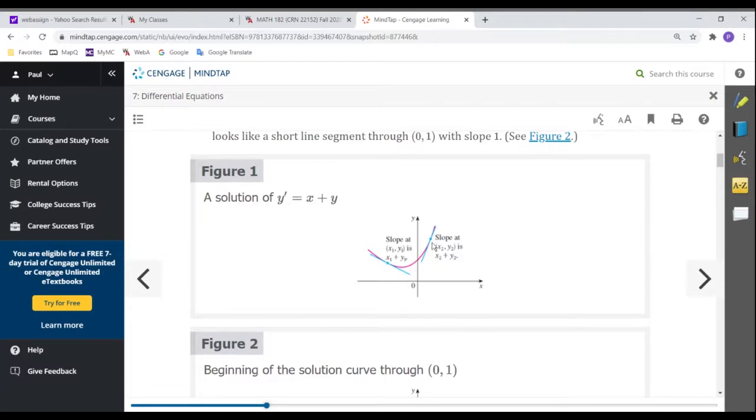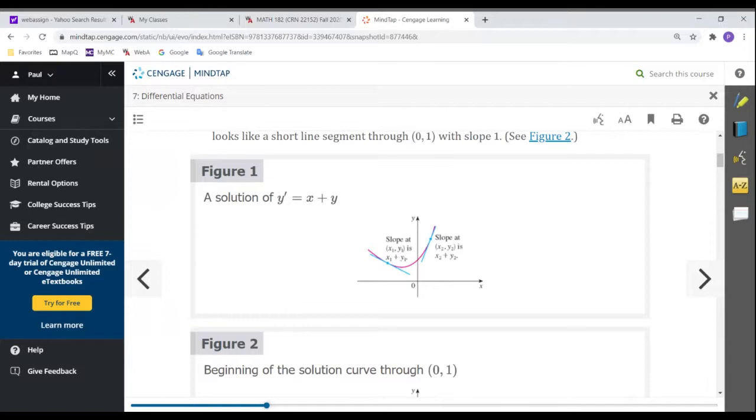It's interesting. They just pick a point in the first quadrant there in figure 1, and they draw a tangent line and its slope is positive. Why would the slope of a tangent line in the first quadrant need to be positive?